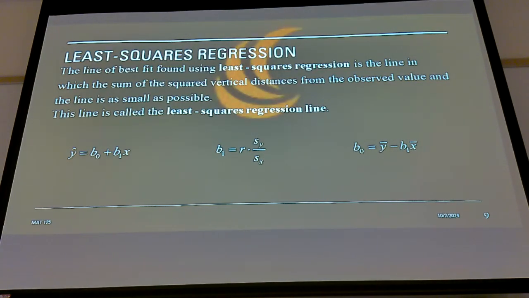So it'd be the average of your response variable minus your slope, which is that nightmare formula, times the average of your explanatory.